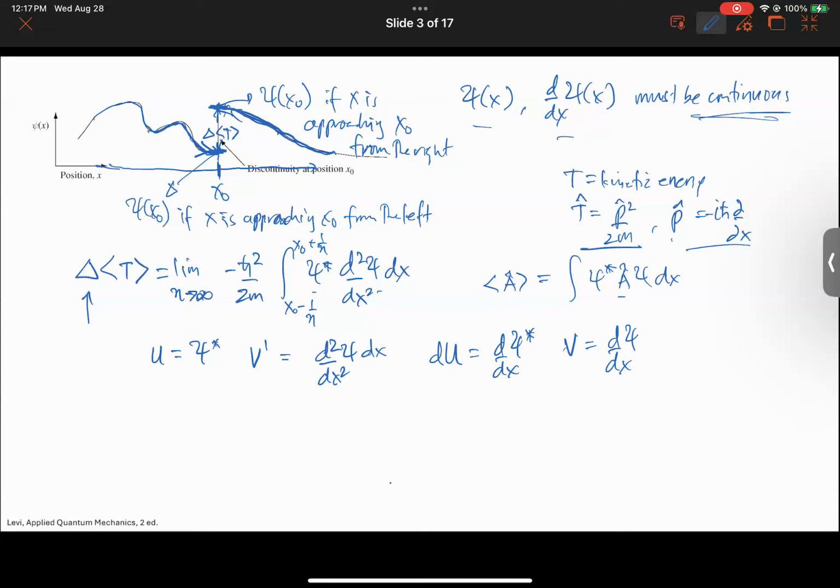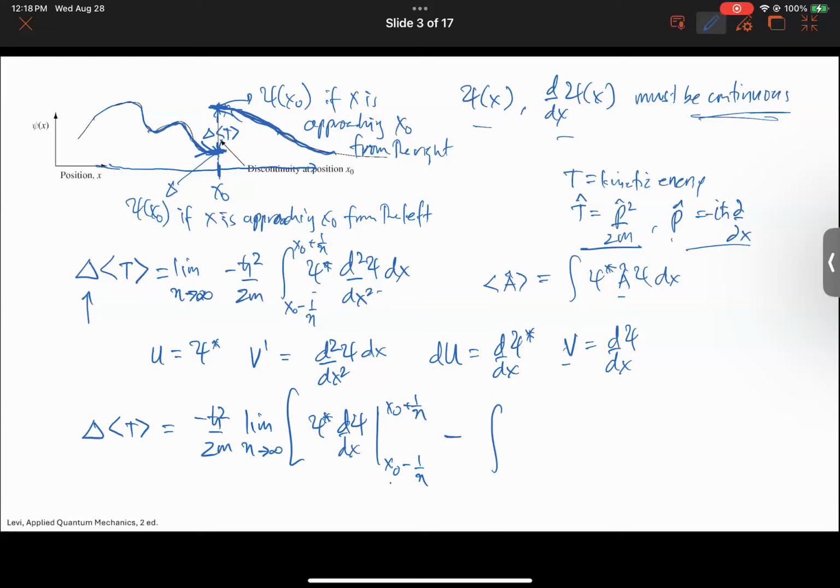Okay, so yung delta ng expectation value ng kinetic energy is then written as negative h bar squared over 2m, then you take the limit as eta approaches infinity, and then you have uv, psi star d dx psi, evaluated from the limits of integration x naught minus 1 over eta to x naught plus 1 over eta, minus the integral ng v du.